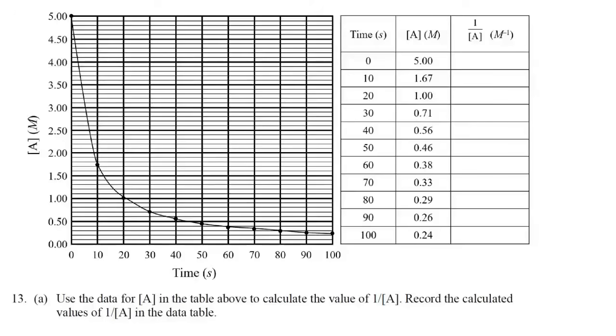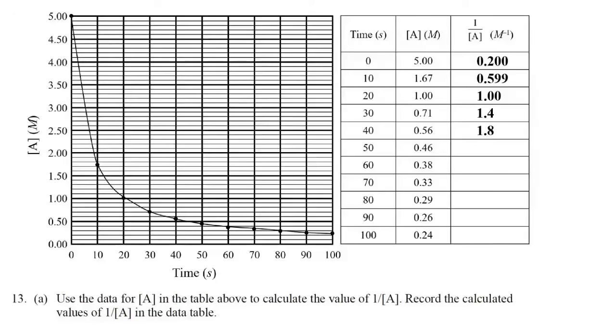So 1 divided by 5 is 0.2. 1 divided by 1.67 is equal to approximately 0.6. 1 divided by 1 is 1. 1 divided by 0.71 is equal to 1.4. 1 divided by 0.56 is equal to 1.8.